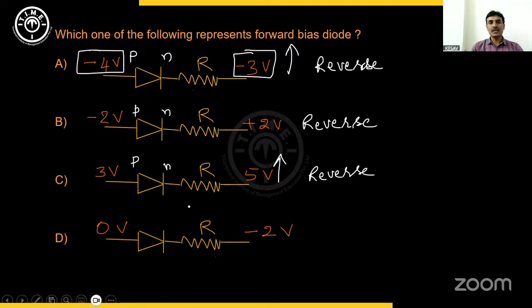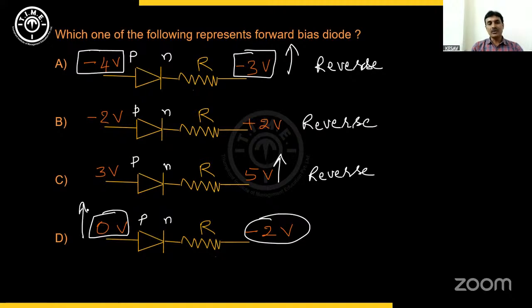Okay, what is your answer then? A is not the correct answer, B is not the correct answer, C is not the correct answer. Obviously, it has to be D, right? Let us check with the given values even. See, here is 0 volt connected to the P region and -2 volt connected to the N region. Comparing between 0 and -2, 0 is higher.